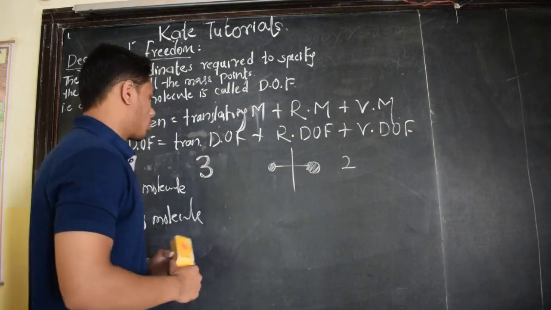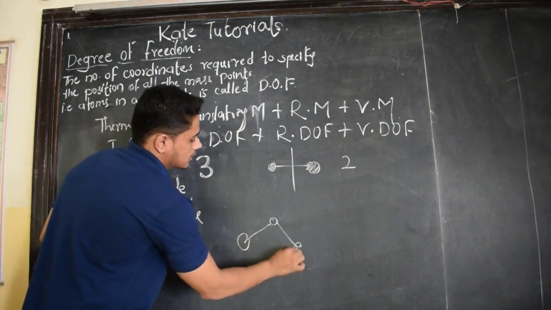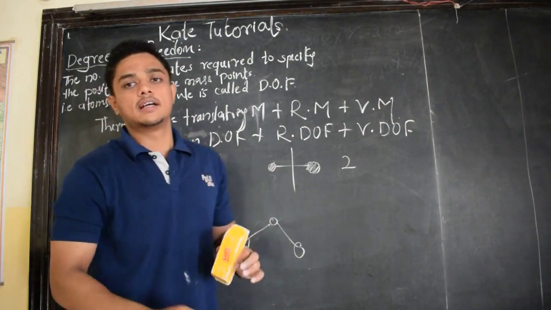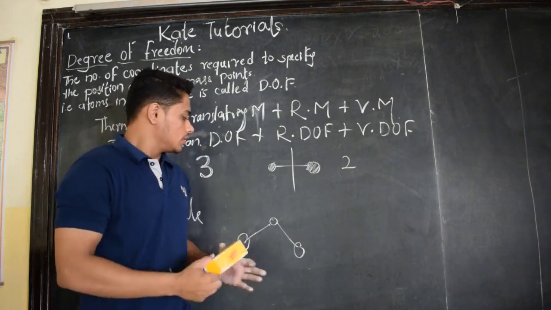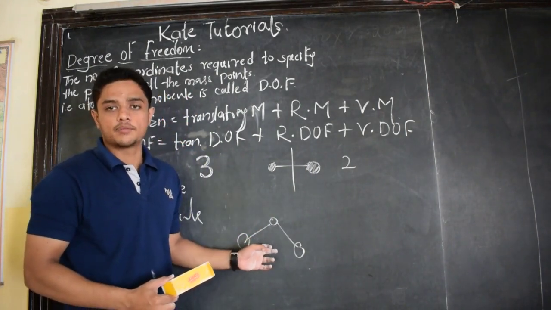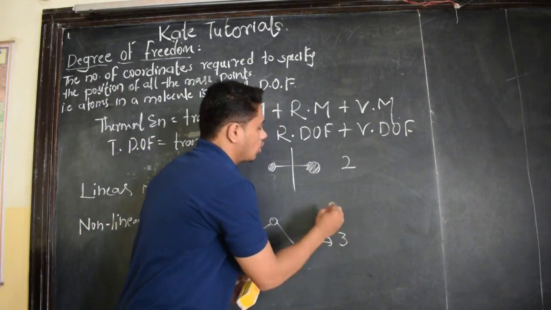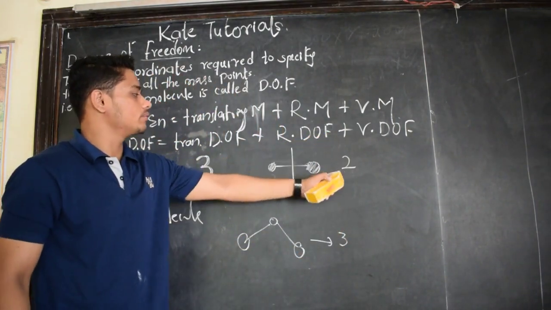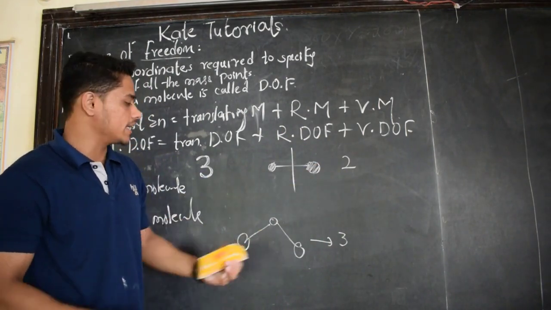If I consider a non-linear molecule, if the molecule is like this, it will be present in a 3-dimensional coordinate system. So the rotational degrees of freedom for a non-linear molecule will be 3. So rotational degrees of freedom for a linear molecule is 2, whereas for a non-linear molecule it is 3.